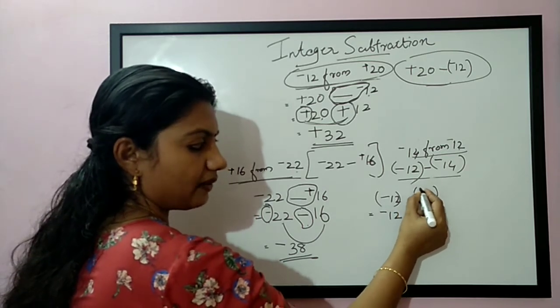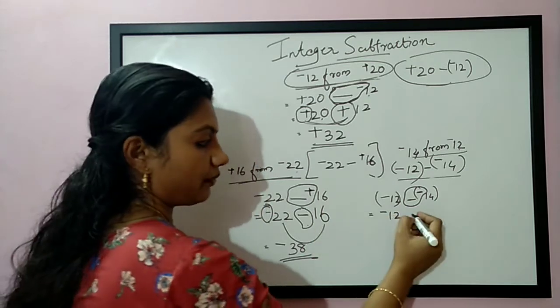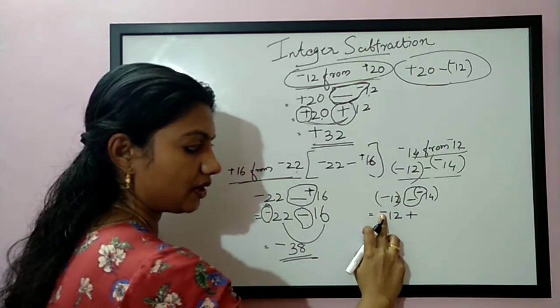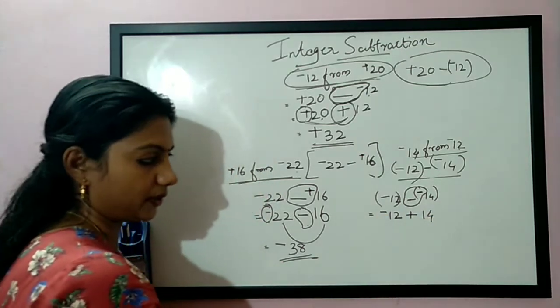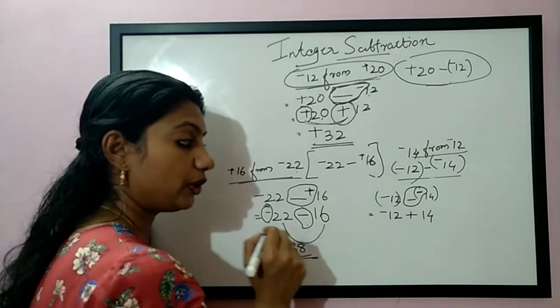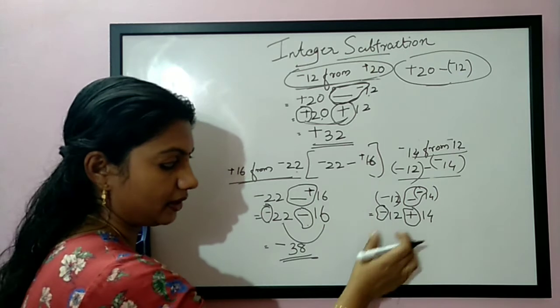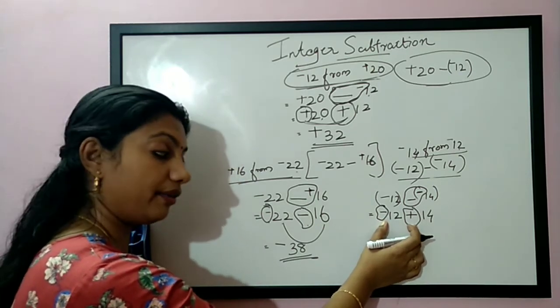Here it is negative and negative. Two negative symbols become positive. This becomes positive. A negative here and a positive here. Then the remaining 14 I have written. Now what will you look at? This symbol and this symbol. These two symbols, are they the same? No, they are different.